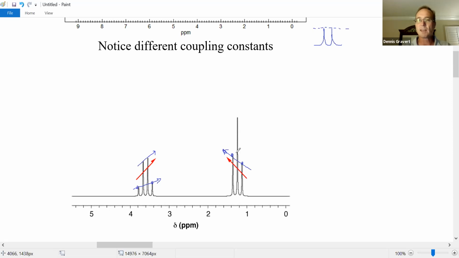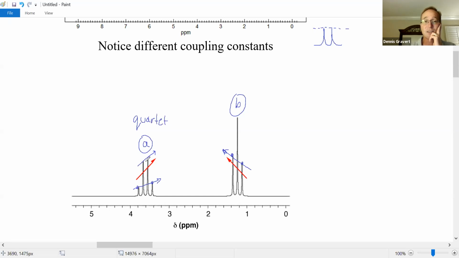This is called roofing, or what else is it called? I forget the other word for it. But it's a little phenomenon, I think it's second order coupling, where instead of being nice and symmetrical peaks, they'll be a little bit tilted, and they tilt or lean towards their neighbor. So it turns out these, peak A, if you will, and peak B of a brand new molecule, there's a certain number of hydrogens that are producing this peak, and then they are being split into a quartet.